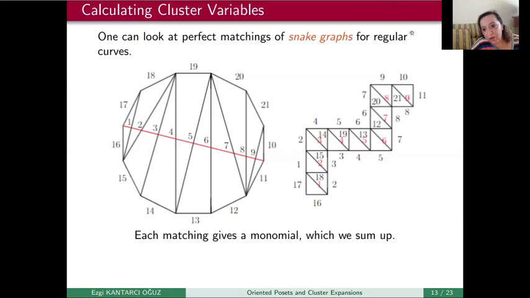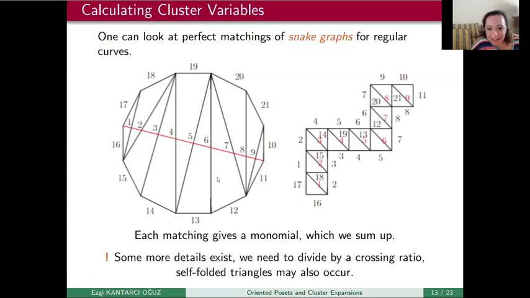And then you look at all the perfect matchings of this snake graph, but you do not get to use the diagonals, just the corner ones. You turn these labels into x_i's, and then you multiply them, you get a monomial for each perfect matching, and then you sum them up. And then there are some more details. You actually divide by a crossing ratio, but that's the general combinatorial thing you do. You count over the perfect matchings of a slightly larger graph.